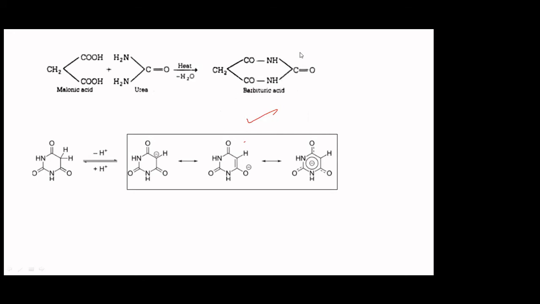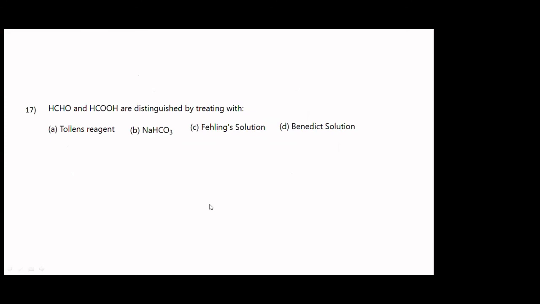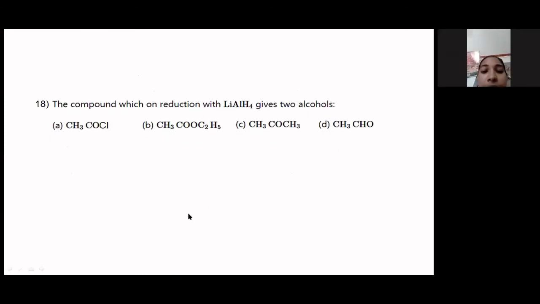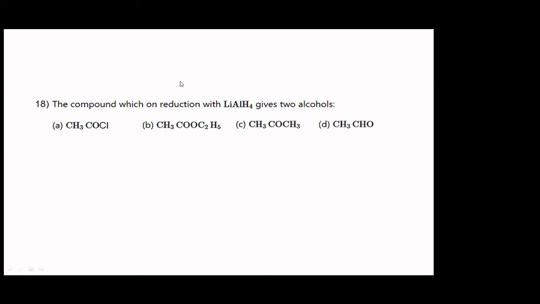Now let's move on to question number 19: the compound which on reduction with lithium aluminum hydride gives 2 alcohols. Basically, this is the one which differentiates between lithium aluminum hydride and sodium borohydride, NaBH4. NaBH4 cannot reduce an ester, whereas lithium aluminum hydride can. It will give 2 alcohols.